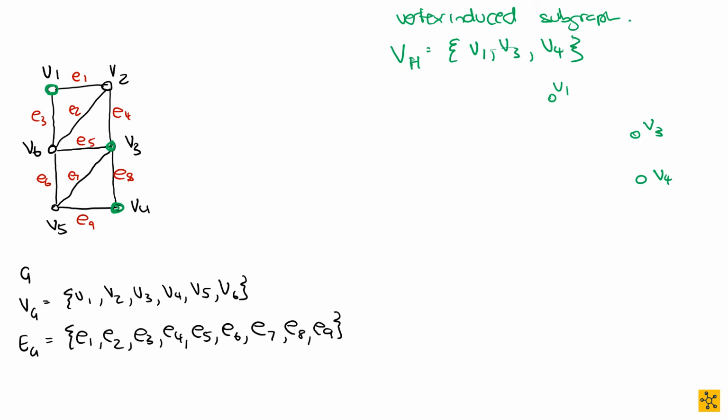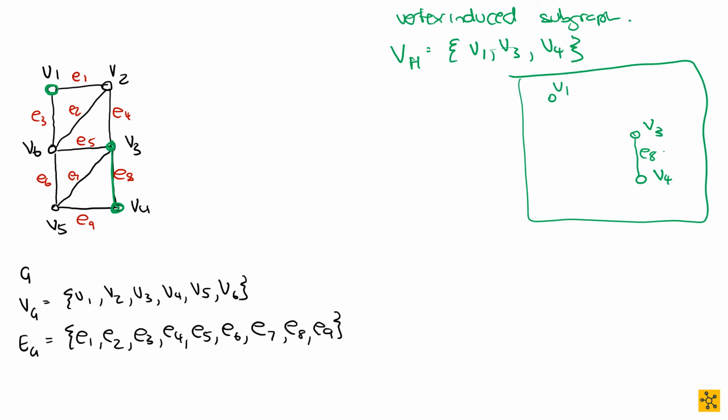So in this case, if we go look at our graph, it's only E8 that actually has both its end vertices in the new graph. So E8. So that there is our vertex induced subgraph with V1, V3, and V4. We have EH equal just to E8. And you can go test to make sure it fits your definition.